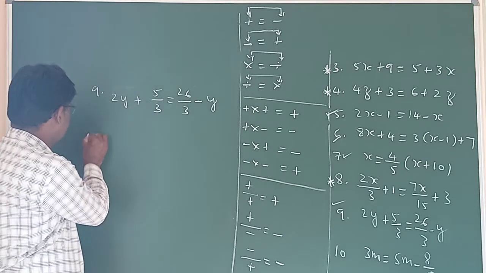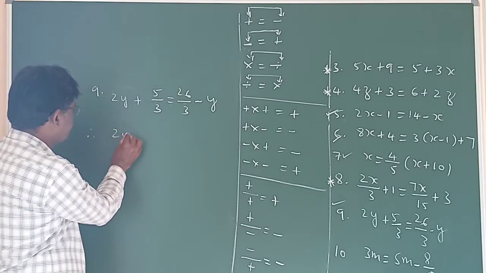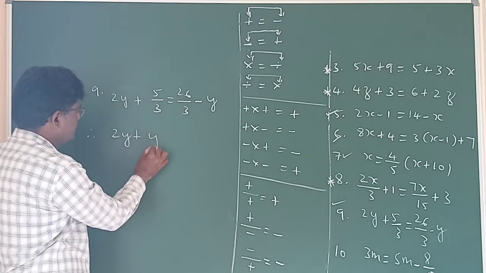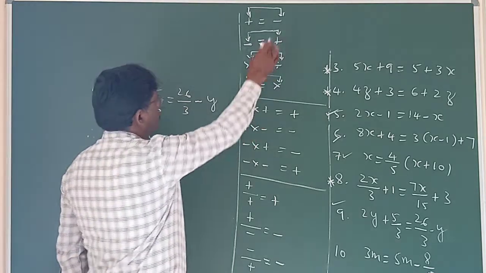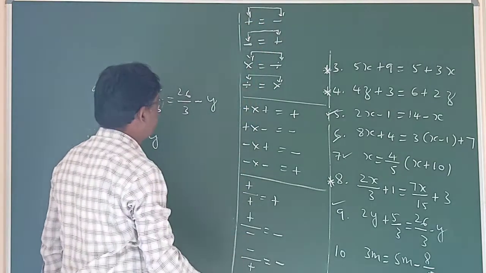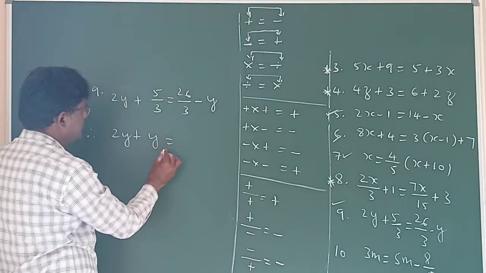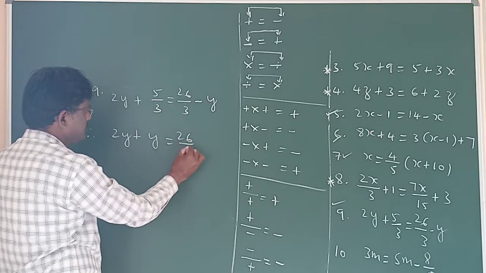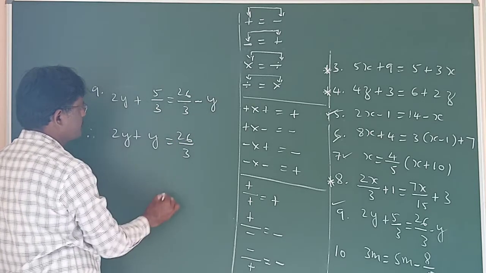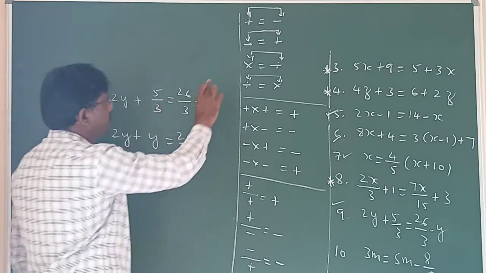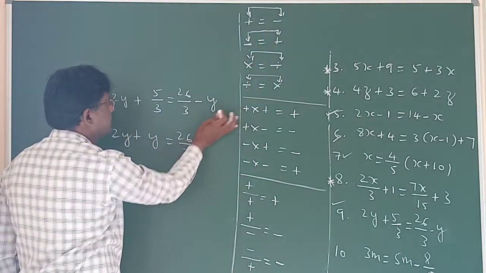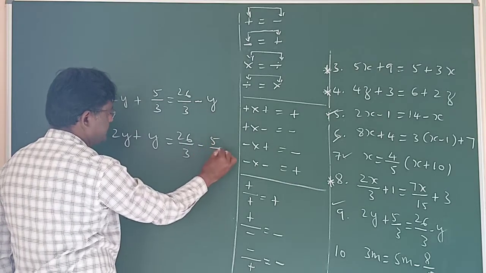Now therefore 2y. Here the variable is minus y. Bring this minus to the left, it becomes plus, then send this plus to the right. Before you write that one, 26 by 3, plus becomes minus 5 by 3, minus 5 by 3.